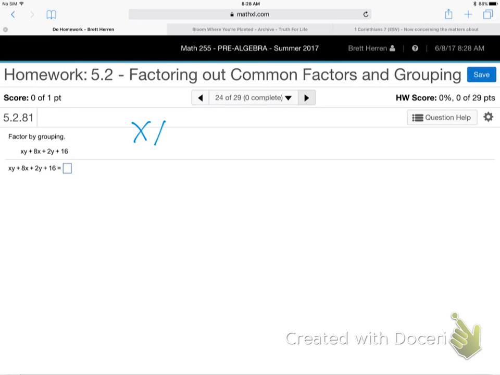Okay, so xy plus 8x plus 2y plus 16. So 4 terms, 2-2 split. Same kind of thing.